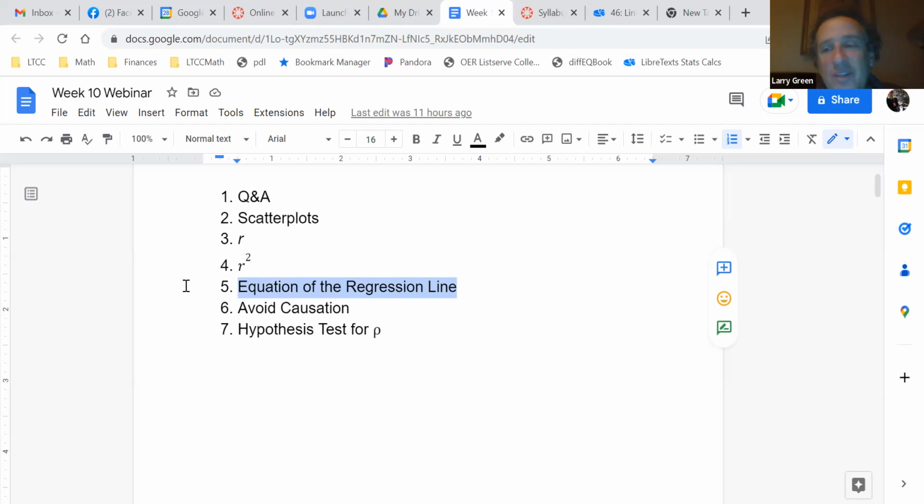Most likely none of you know how to actually calculate a regression line by hand. But you might be able to look at a bunch of points and visually get an idea of what line might be a good fit for those points. The line doesn't go through every point, but maybe it'll get close to them. And that's the idea of the regression line.